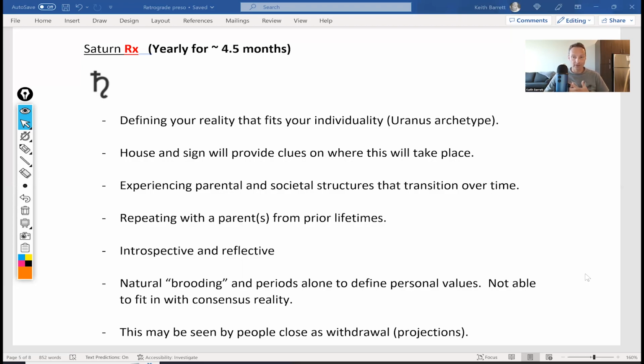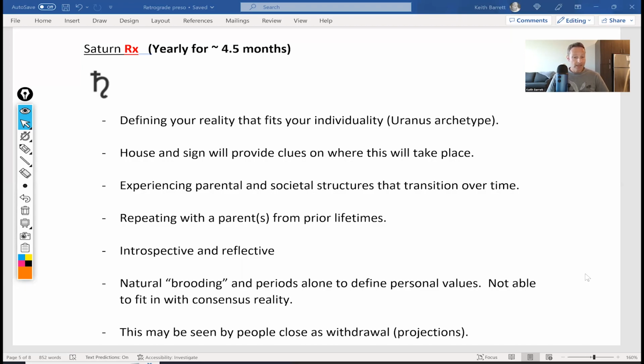Maybe you believed there's a certain way that you need to do things in society, and so you've conformed to that for a certain period of time. And at a certain period of your life, that will transition. You'll be like, no, this structure does not support me anymore. I'm no longer going to be a part of it, right? So that's part of the life experience of a Saturn retrograde.